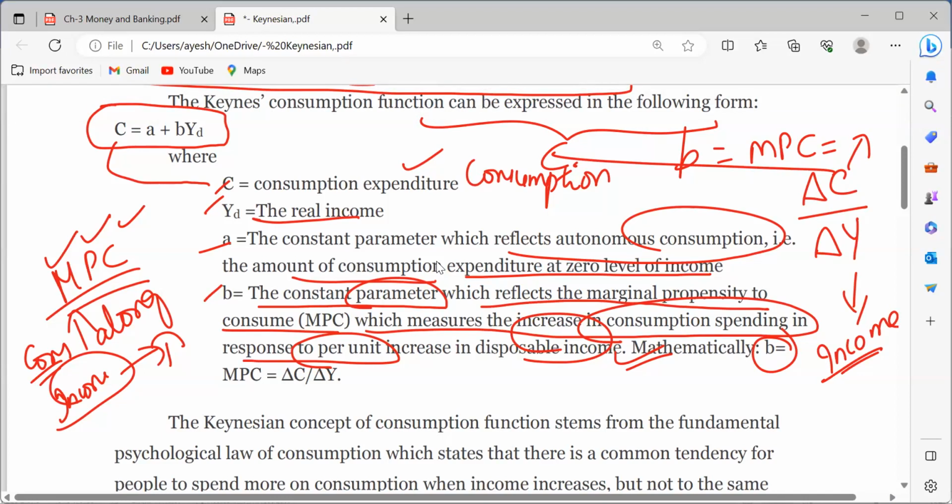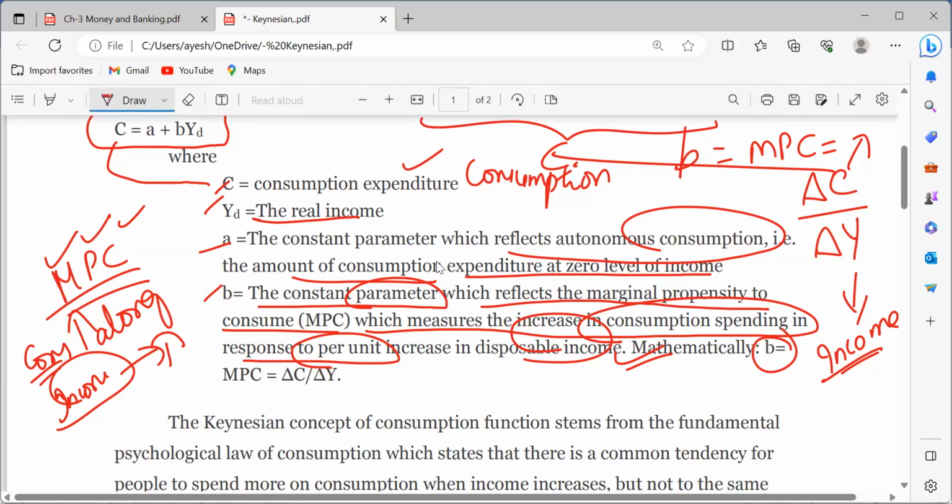Make a note of this. Please make a note of these equations.